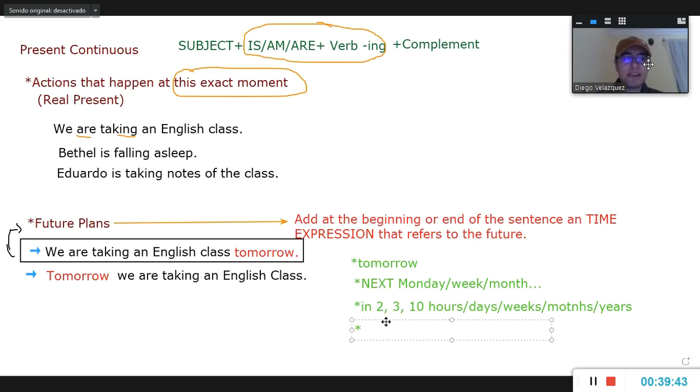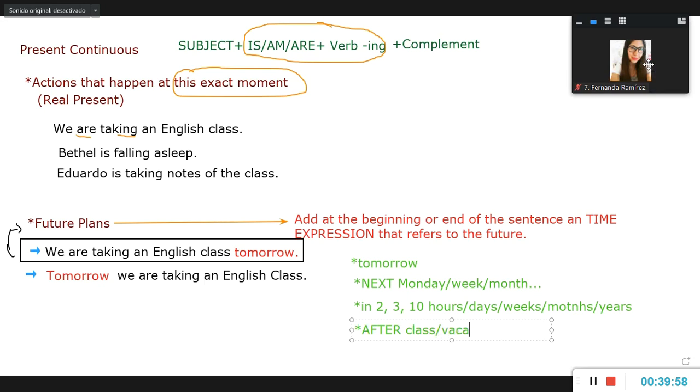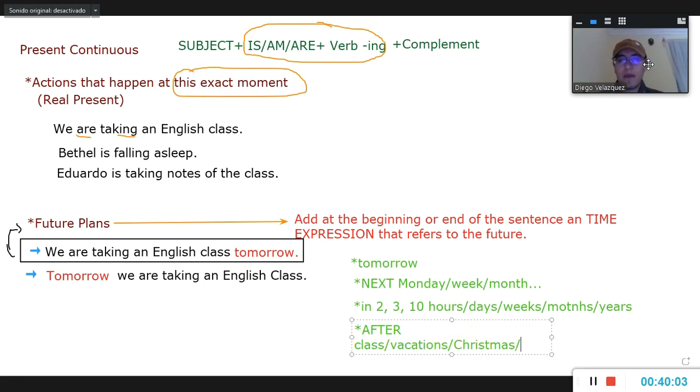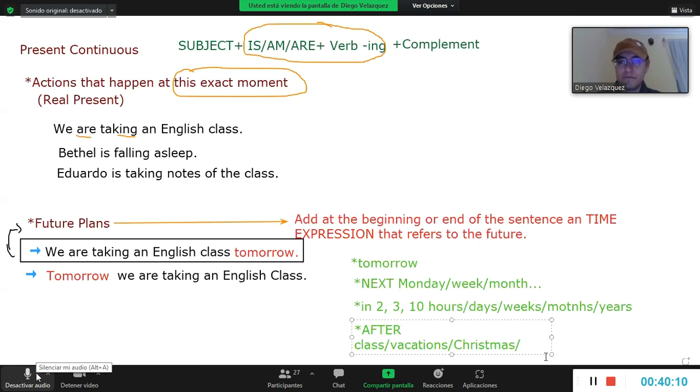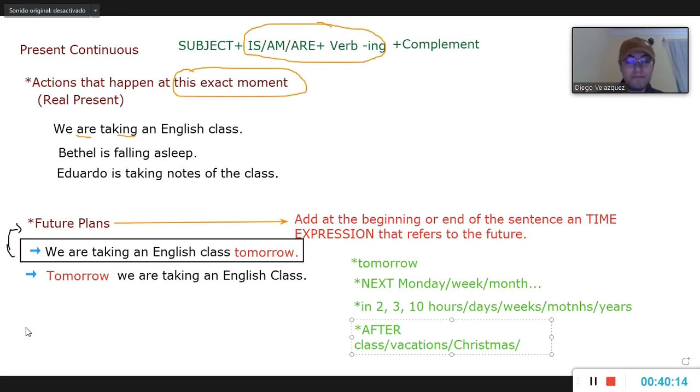Sometimes it's also possible to use expressions with the preposition after. Normally we use after and we indicate a specific day or a specific moment in time. After class or after vacations, after Christmas, after the party.